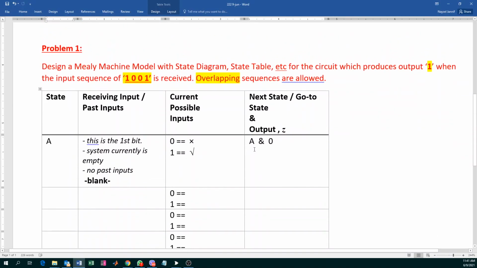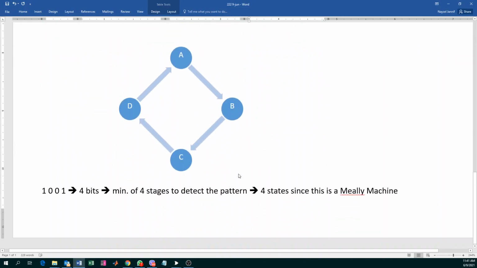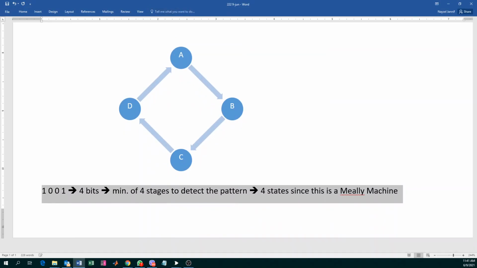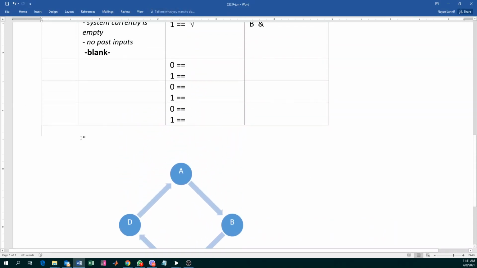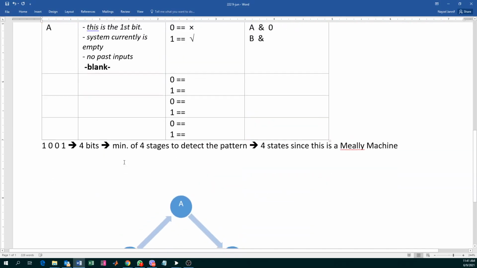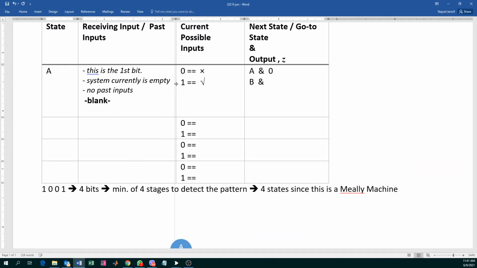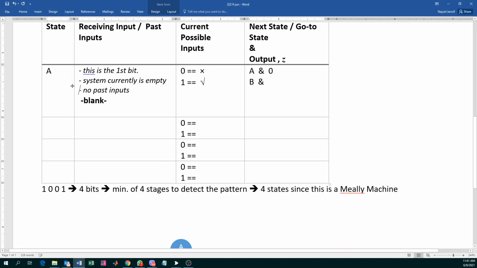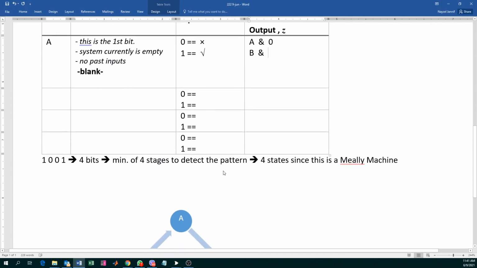We get a tick over here, and we can progress to the second state, which is B. Remember we said there are 4 inputs, so you can have input of B.